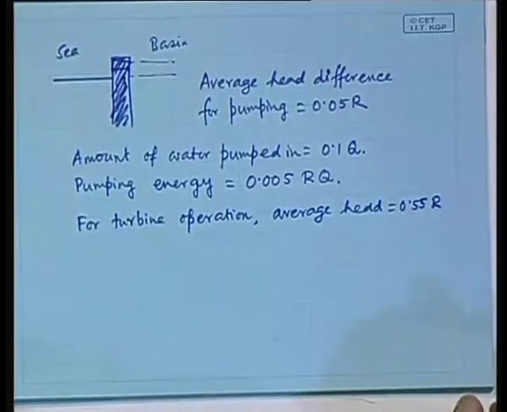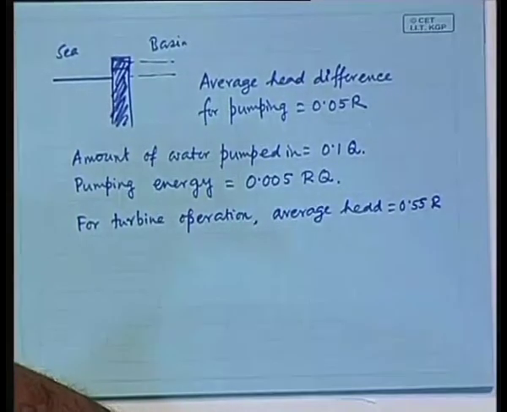And how much is the total amount of water going through the turbine? Initially it was Q, now it is 1.1 Q. Okay.